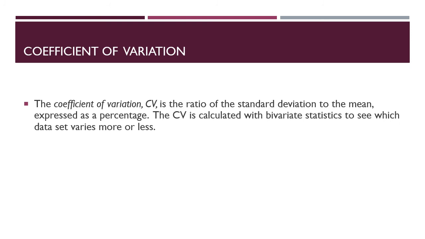The CV is calculated with bivariate statistics to show which set of data varies more or which set of data varies less. The formula is the standard deviation divided by the mean, times 100. Again, it is expressed as a percentage.